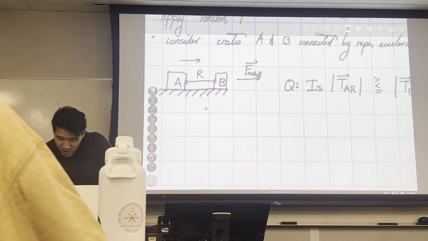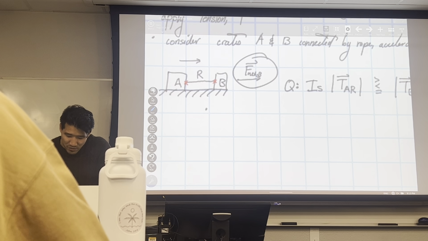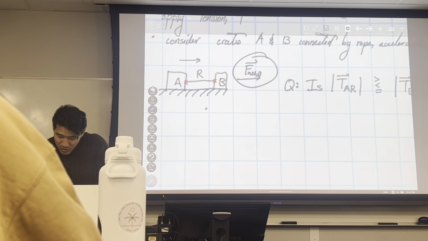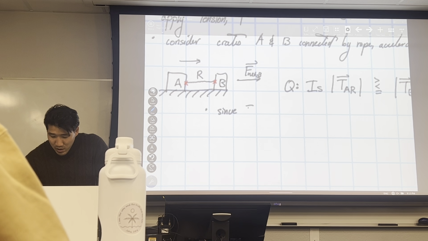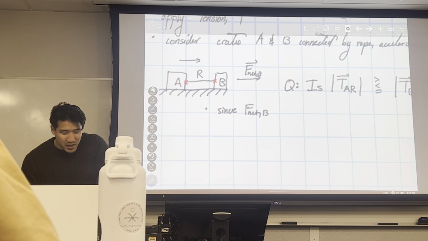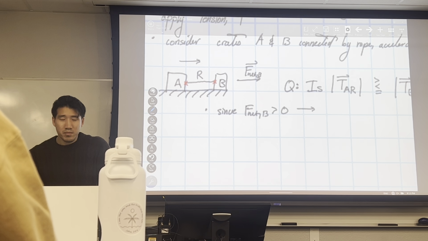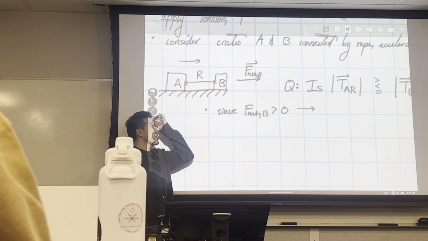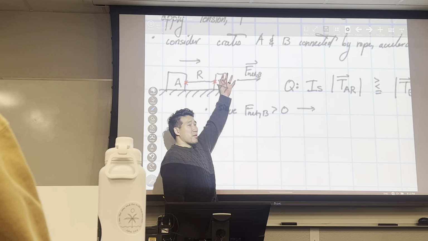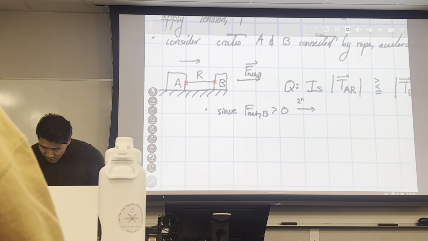So let's fully hash out this idea. So here's one thing that we know. That the net force on B is in the positive x direction. That's going to be our starting point. Since F net on B is greater than 0, we know something about object B. From Newton's second law, what can we infer?